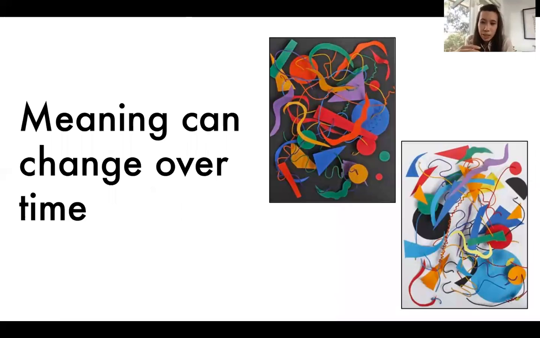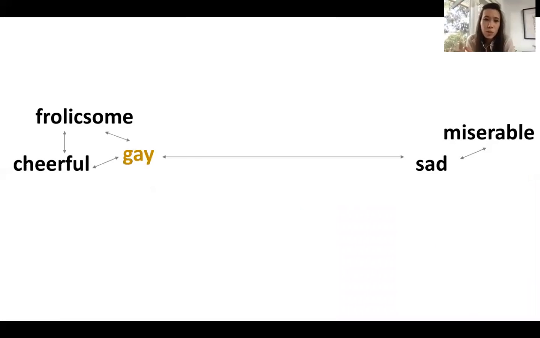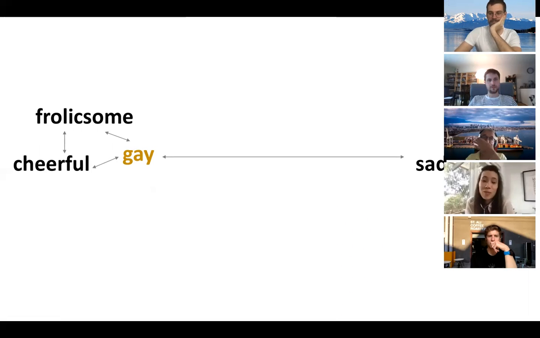Meaning can also change through time. For example, if you take the word gay, this used to be quite closely associated with the word cheerful or frolicsome, which get their sense of meaning from being quite distant from words like sad or miserable.